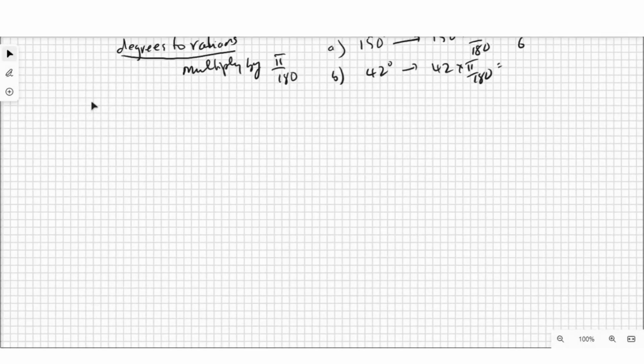Okay, let's now determine the angles. If the domain is given in radians, 0 less than or equal to theta less than or equal to 2 pi, 2 pi means 360 degrees. So our theta must be in radians, whatever we find.